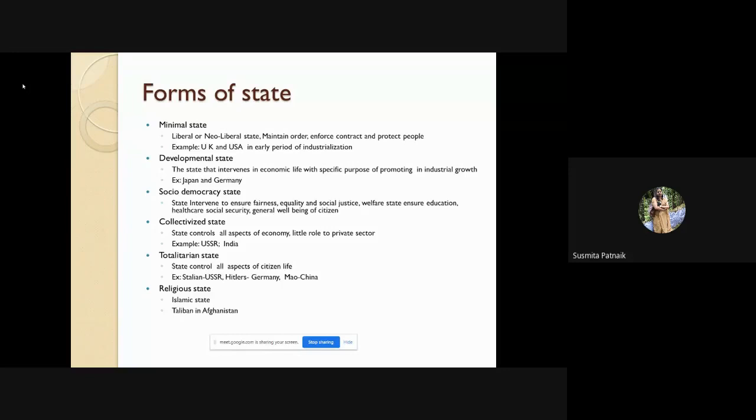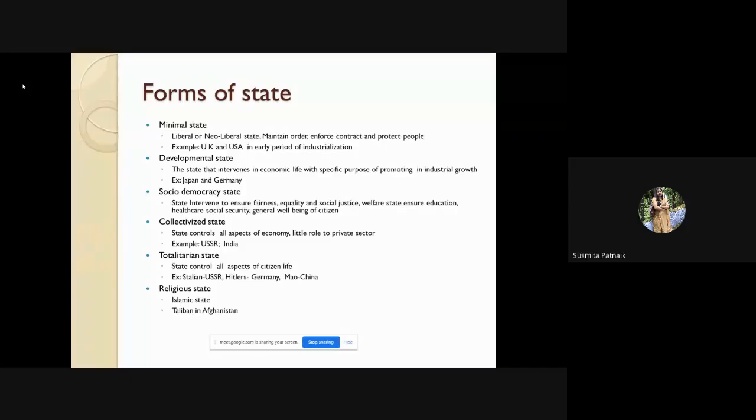Fairness means treating everyone equally. Okay, students, so this is called the socio-democratic state. Here we can take the example of the UK and the United States of America.